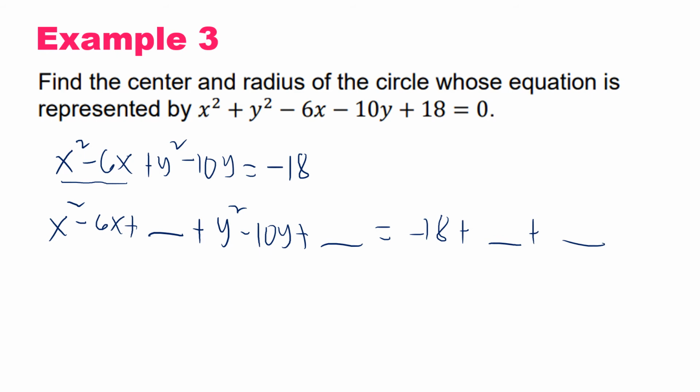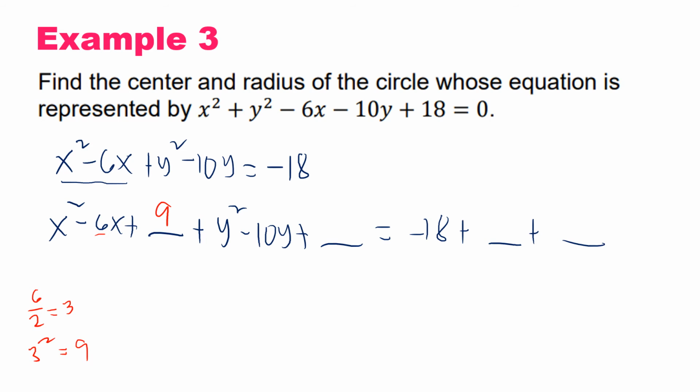So, dalawang blanko, ito yung lalagay mo dito. So, paano natin ilalagay para maging perfect square trinomial ito? So, kukunin natin ito. Yung 6, just divide it by 2. Ang lalabas doon ay 3. Tapos yung 3, i-square mo lang siya. And it will give you positive 9. So, yun ang ilalagay mo dito. This is now a perfect square trinomial.